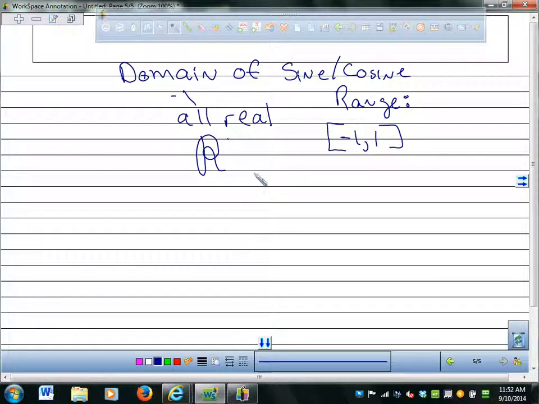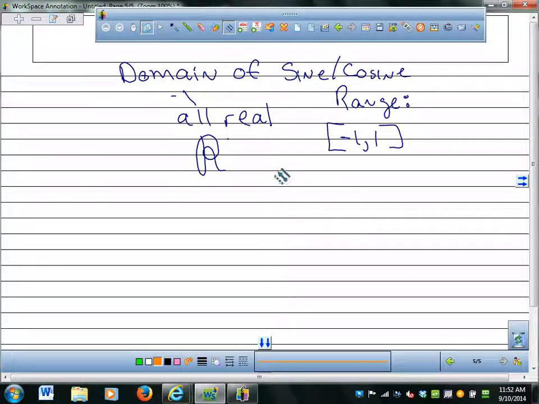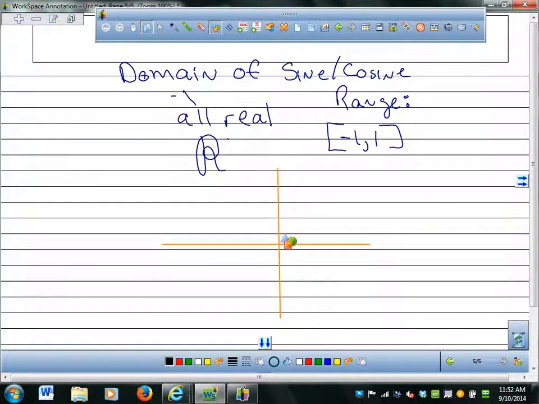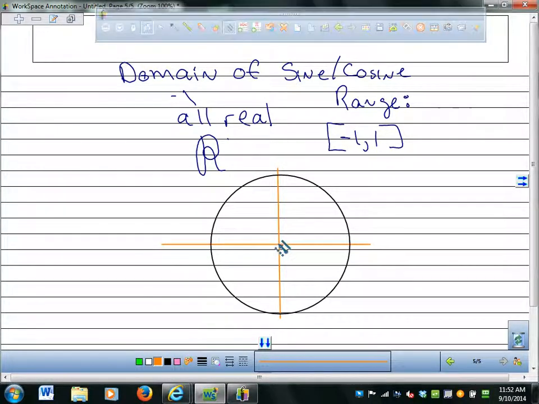And the reason for that, if you want to think about it a little bit, I know some of you don't like to think too much, but if I just draw a picture in the first quadrant here, remember that sine is the opposite side over the hypotenuse. Well, the opposite side can never be bigger than the hypotenuse, right?